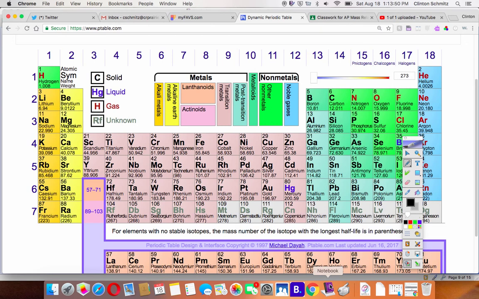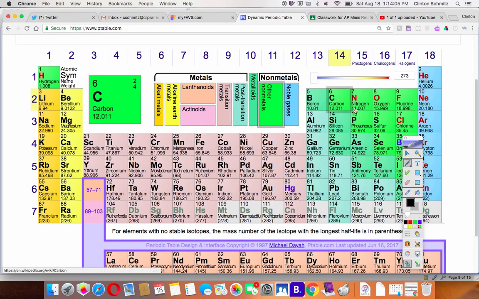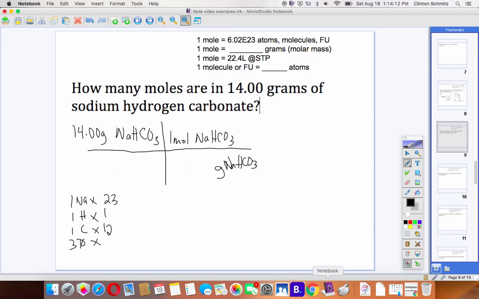All right, I'm just looking them up on the periodic table. So 23, 1, and 12, so let me just write those down. So I got 1 sodium, that's 23. I got 1 hydrogen, that's 1 gram. 1 carbon, that's 12. And if we look up oxygen on the periodic table, it's 15.99. So if we go to the nearest tenth, it's around 16. All right, so we're going to have 16 grams here. So these are all grams.